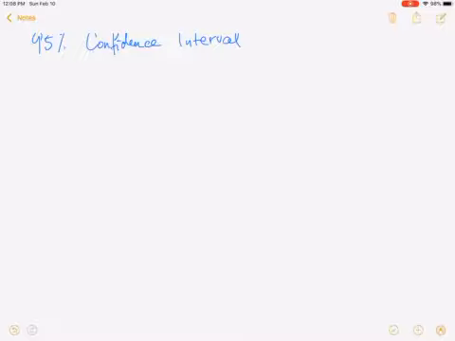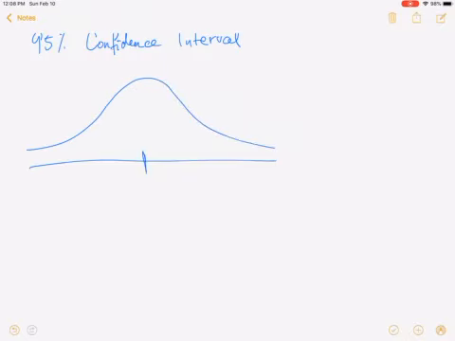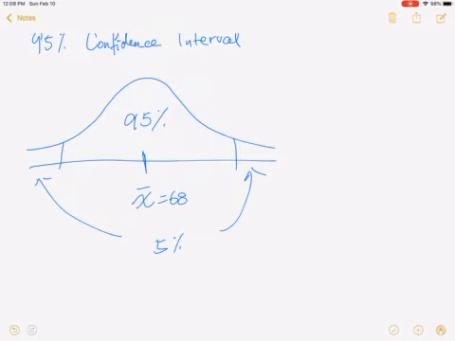So 95% confidence interval means, based on my sample mean, which is 68, I'm going to create a middle range of 95% of the data, with the remaining 5% total on both tails. That gives me, for each tail, about 2.5% each.